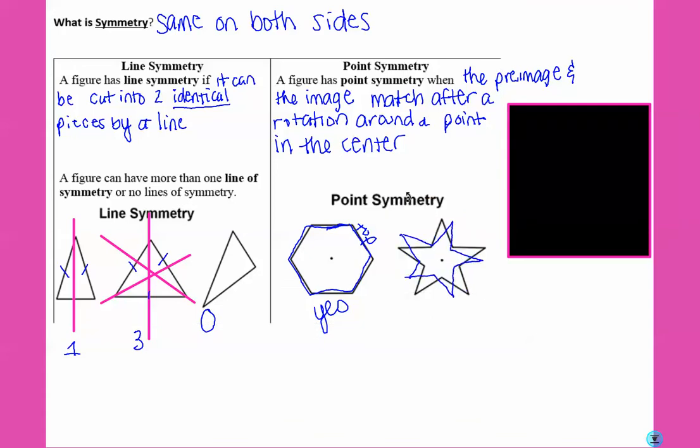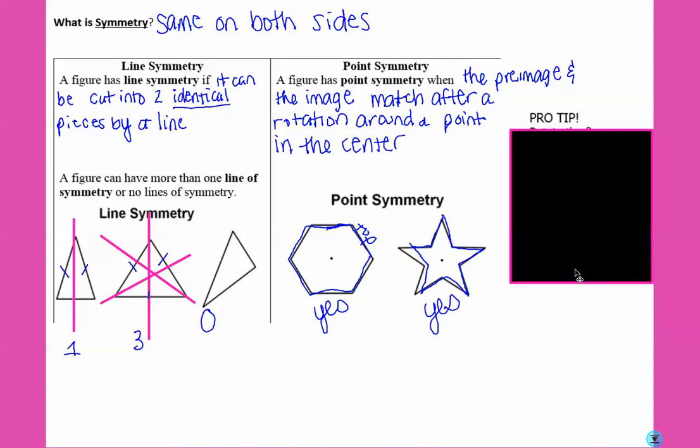If we rotate the star, and again, my picture's a little bit off, but it does line up if we rotate it. So yes, this has point symmetry.